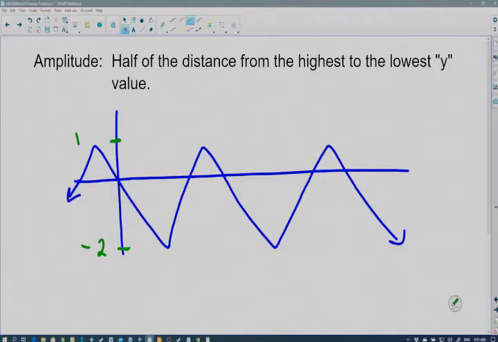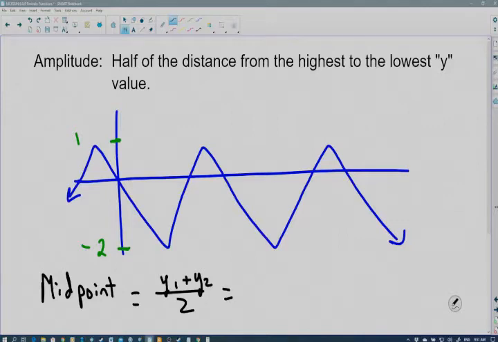So, half of the distance from the highest to the lowest y value. So let's first of all find half of the distance. How do you find half of the distance between 2 points? Well, in grade 10, you saw the midpoint formula for a line segment. Now, we're not technically doing a line segment here because there's only y values being considered. So we're going to find just the y portion of the midpoint, which is the equation y1 plus y2 divided by 2.